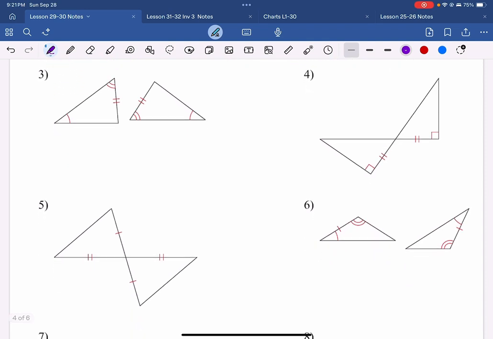Okay, number 3 is angle, angle, side. Number 4, again with the vertical angles, which means angle, side, angle.